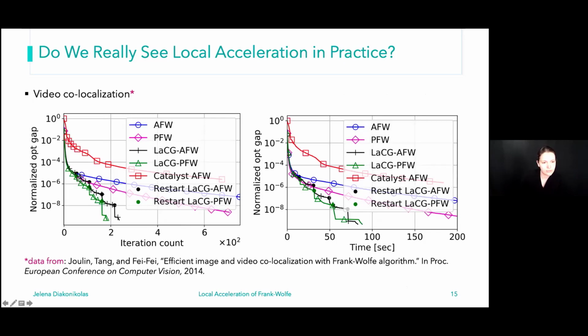So black box acceleration, away Frank-Wolfe, pairwise Frank-Wolfe. These are all standard. You can couple our method with either away Frank-Wolfe or pairwise Frank-Wolfe. This is what happens in terms of iterations. You see local acceleration, and even in terms of time, even though the iterations are more expensive, you still manage to beat the other methods.